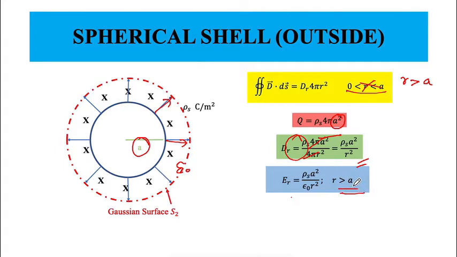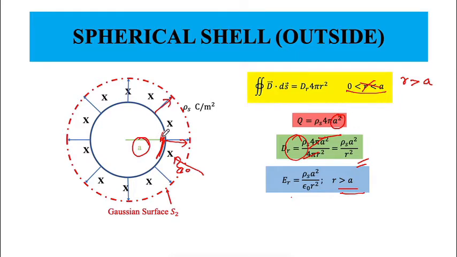Now at r equals a, see what happens as you shrink S2, that is, as you come close to the surface of the sphere of radius a.